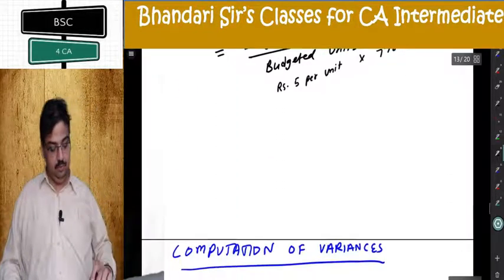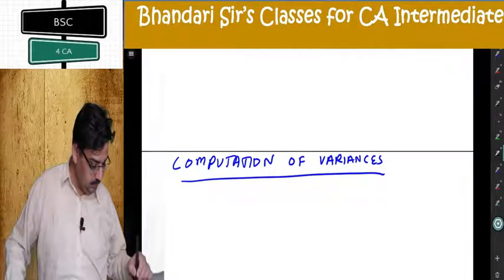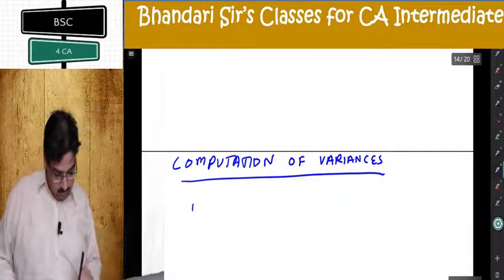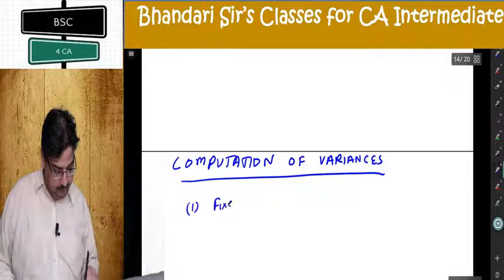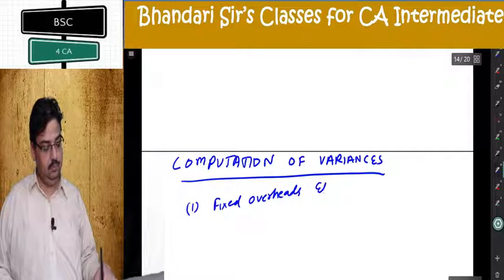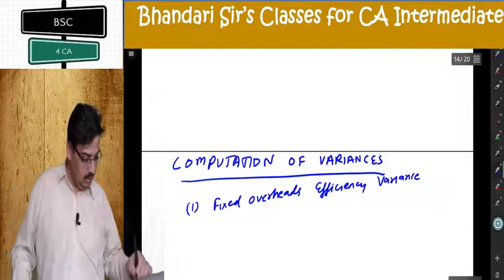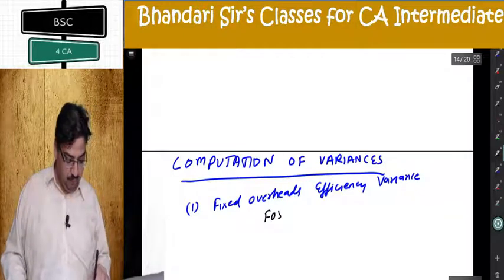77,800. Now, two variances wanted there, we'll compute those. Number one, fixed overheads efficiency variance. It is FO5 minus FO4.